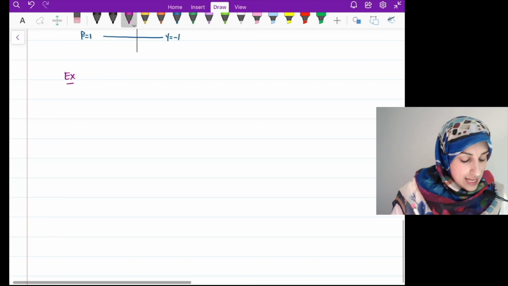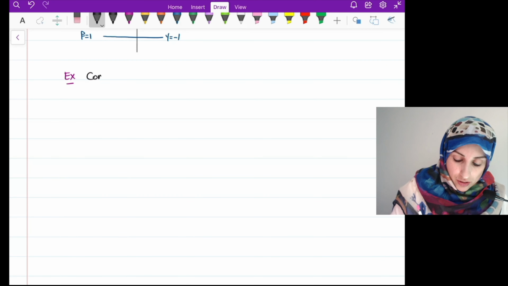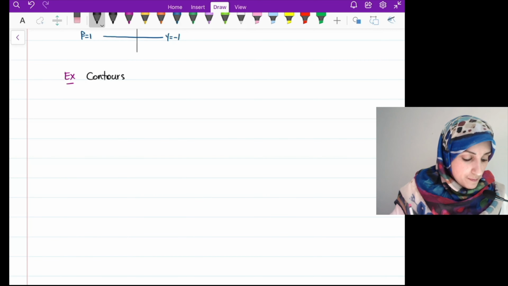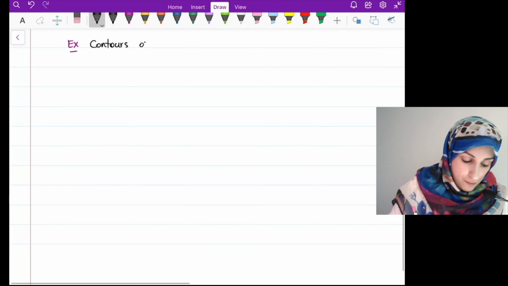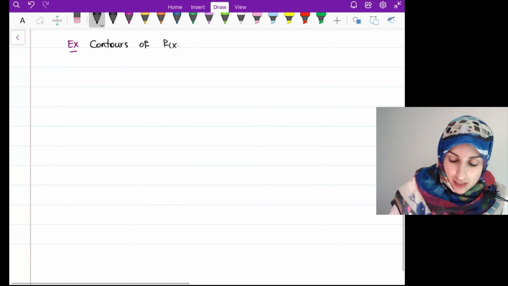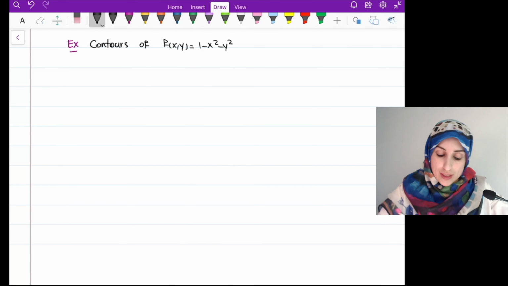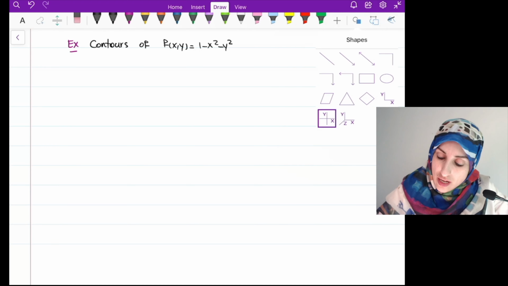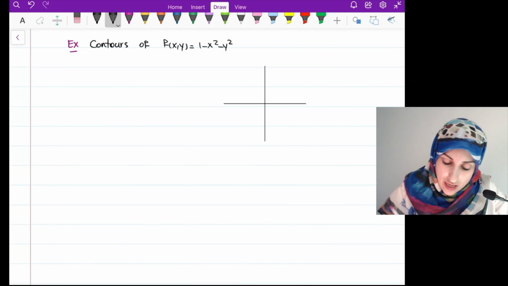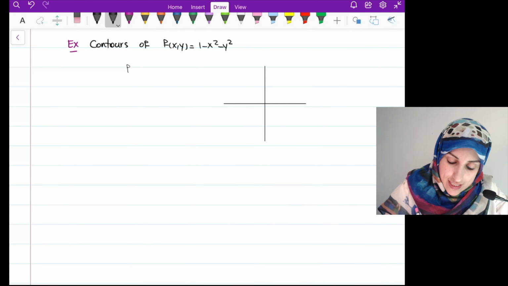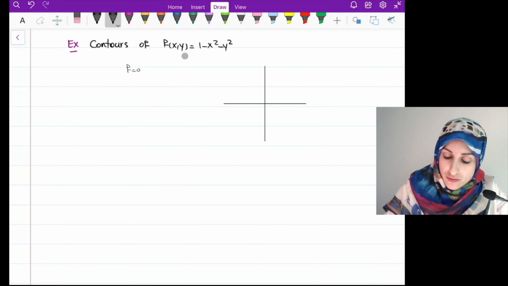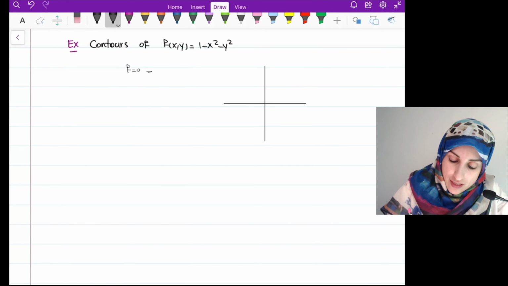And the example is to write the contours of f of x and y equals 1 minus x squared minus y squared. So what are the contours? So the contours, or the level curves, I'm going to say if I set f equal to 0, I get 1 equals x squared plus y squared.